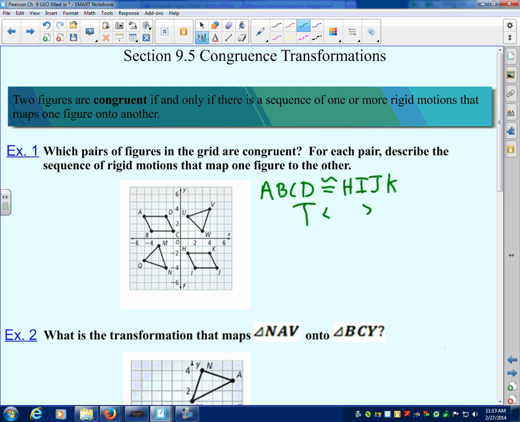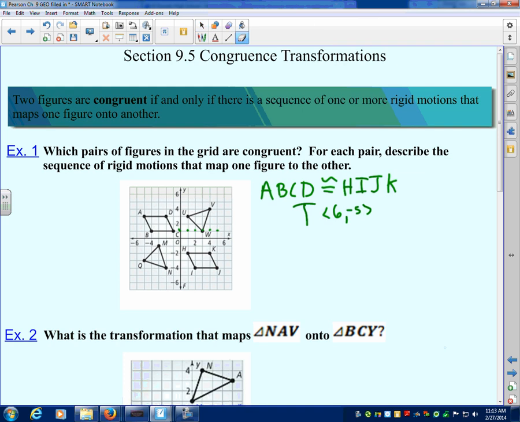So let's just pick one point, say C, and see how far over and down it has to go to land at its corresponding point J. So it looks like 1, 2, 3, 4, 5, 6 right. So I put a 6 in here. Is that clear? 6 for going 6 right. And 1, 2, 3, 4, 5 down. So I put a -5 in here.